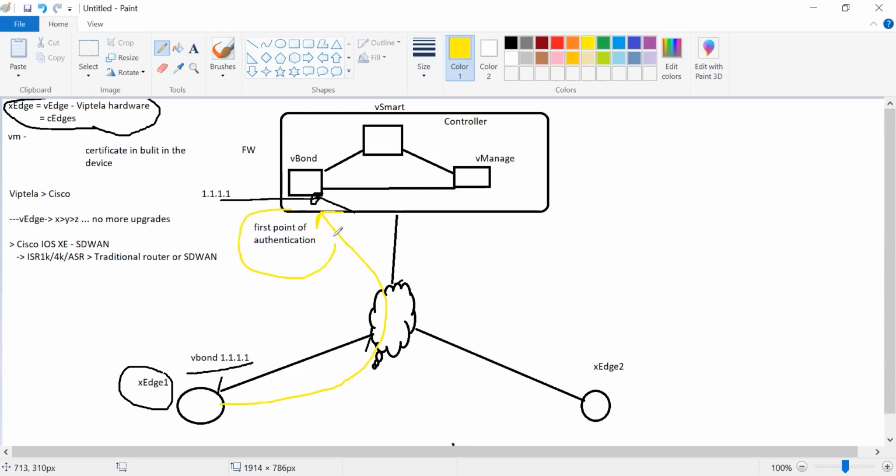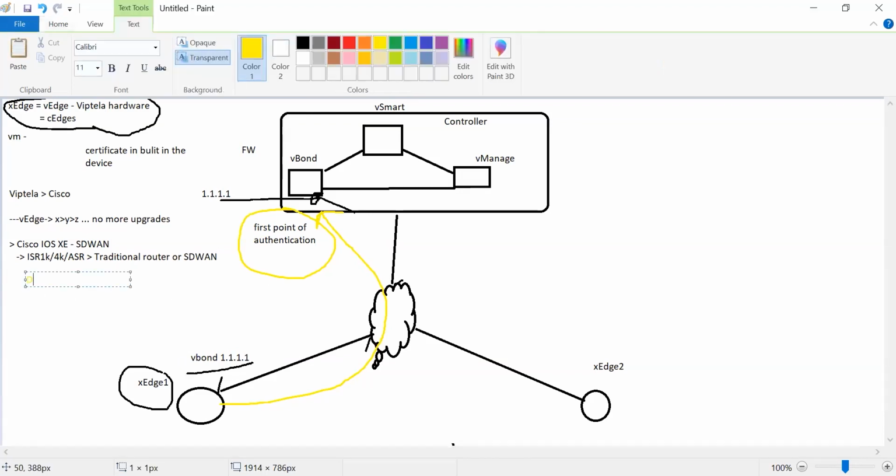This is the first point of authentication for each and every device. So this XH device would initiate a DTLS tunnel and a TLS tunnel. DTLS and TLS are both SSL-based, certificate-based secure tunnels.